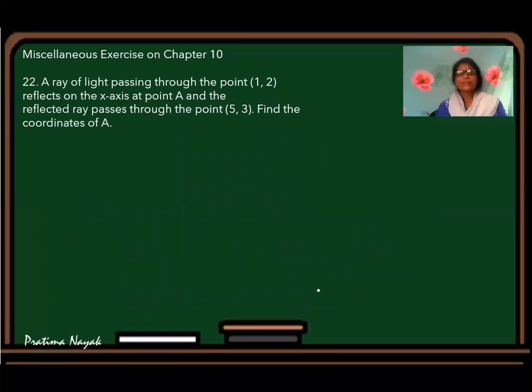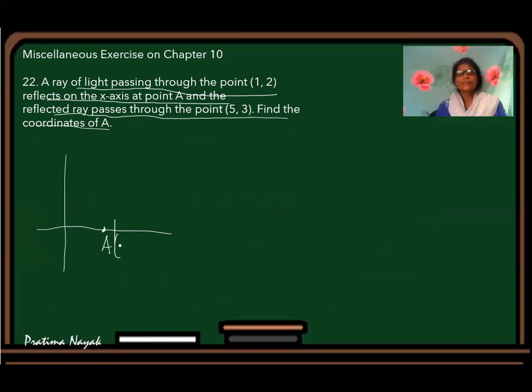Question number 22. A ray of light passing through the point (1, 2) reflects on the x-axis at a point A, and the reflected ray passes through the point (5, 3). Find the coordinates of A. This is the x-axis. A point is here. Any point on the x-axis we take as (x, 0).